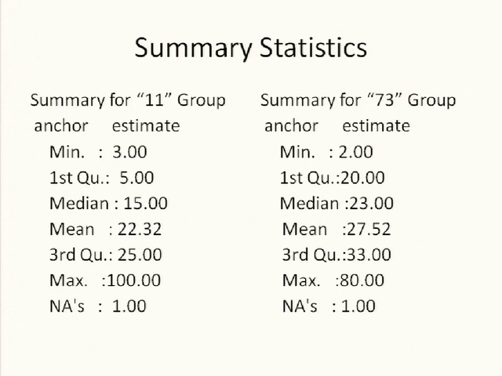So if I were to compare the two groups, maybe the median would be a better measurement than the averages, because the averages are quite affected by those very large numbers. Whereas if you look at the median between the two groups, you can see that the difference is greater. Okay, so those are different ways to look at those summary statistics.